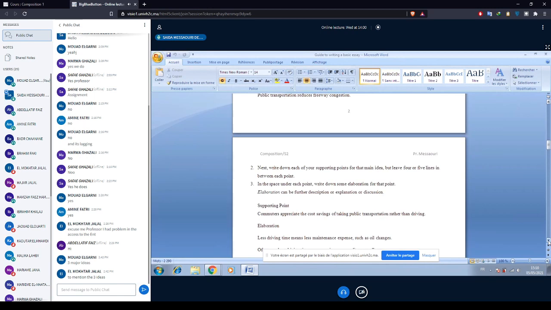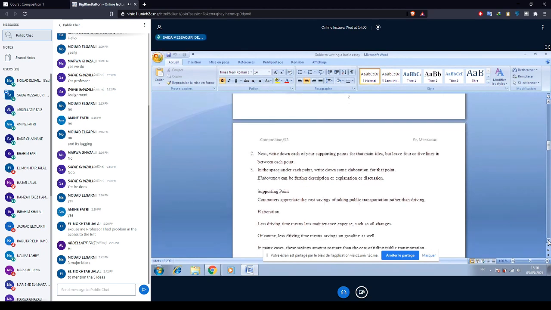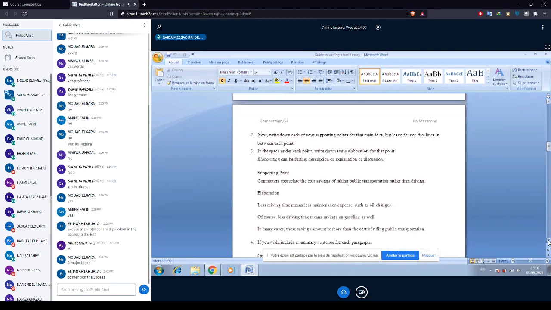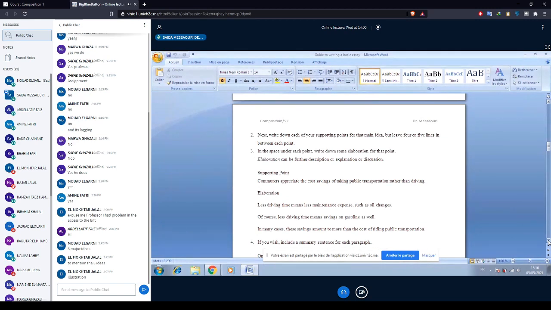It can be further description or explanation or discussion or examples. So the supporting point, for example this one: commuters appreciate the cost savings of taking public transportation rather than driving. You see here, you're given support.